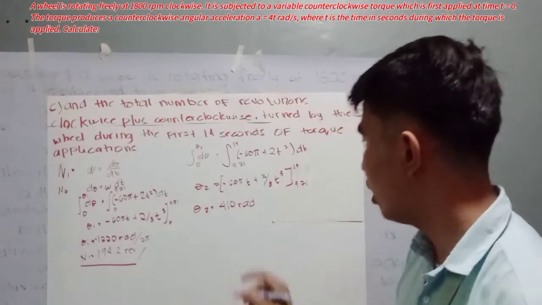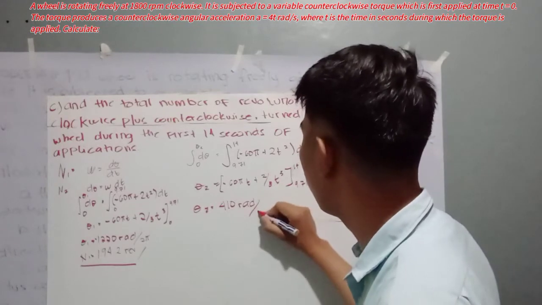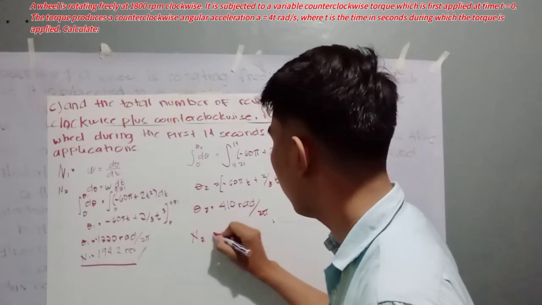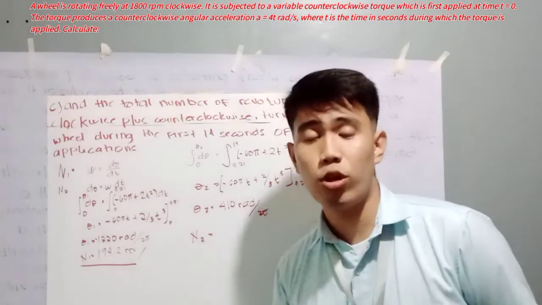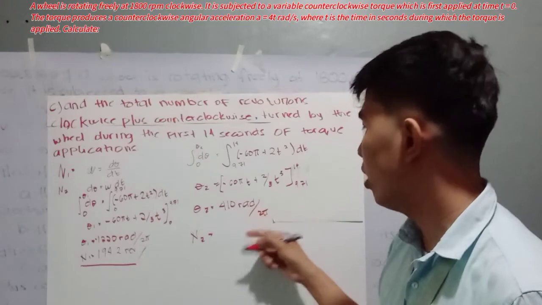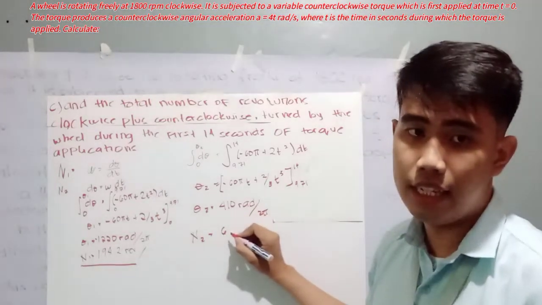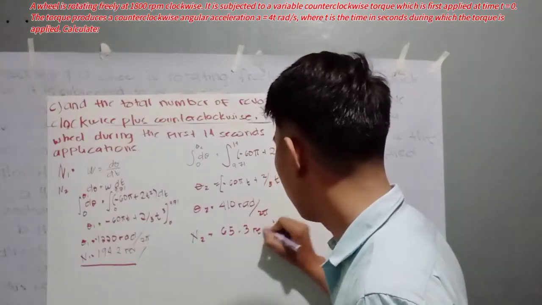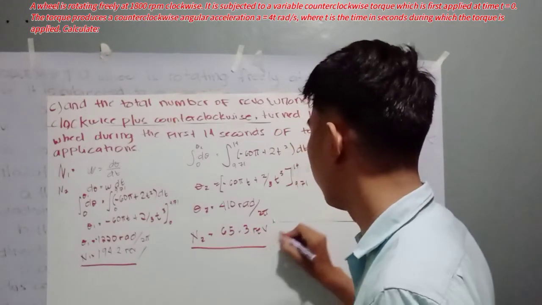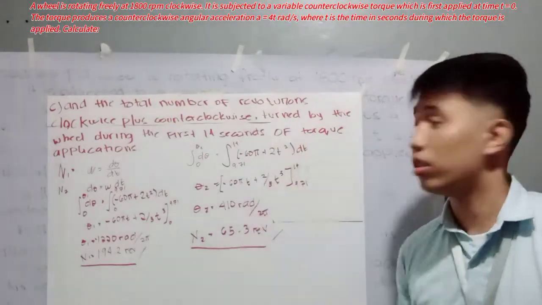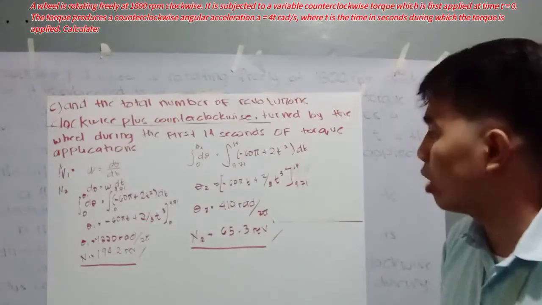Converting to revolutions by dividing by 2 pi, N2 is 410 divided by 2 pi, which equals 65.3 revolutions.